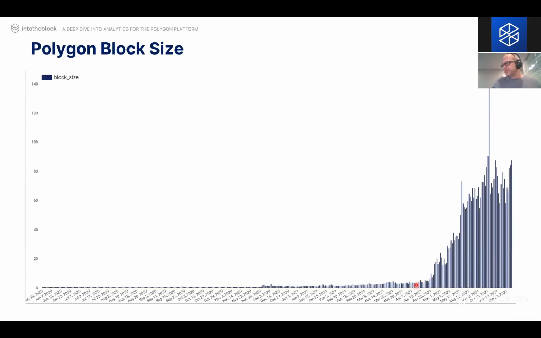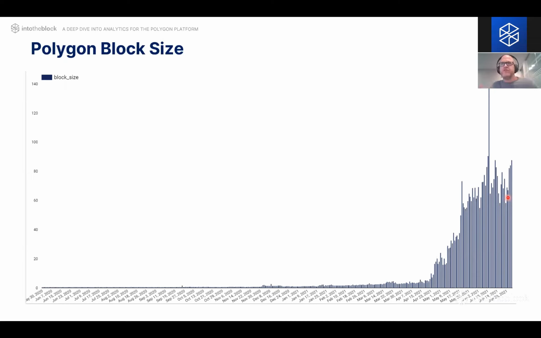You can see that it was very regular for a few months until April this year, and then it started scaling at a very linear pace, with a couple of spikes. I'm going to venture here and think that this is the Titan incident, but you can see that the block size has been increasing and stabilizing at very high numbers.